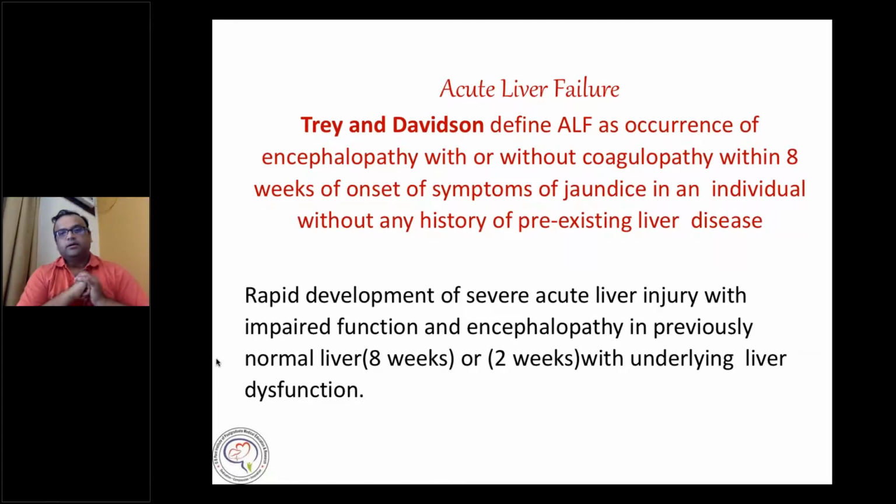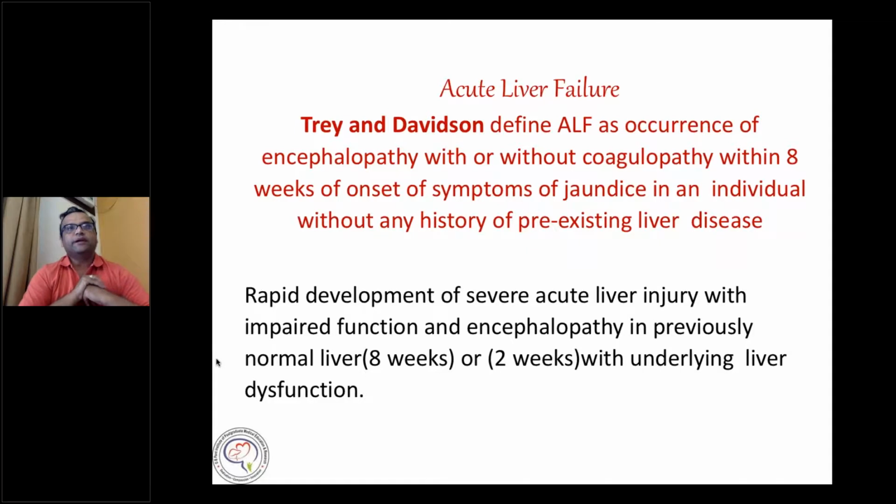But the basic research from India has changed the definition, and now we know that if previous liver functions are known to be normal, and the liver was sonologically normal, which means normal on ultrasound, and there is sudden acute liver injury leading to impaired liver function and encephalopathy within 8 weeks, which means 2 months, then it is usually called acute liver failure.